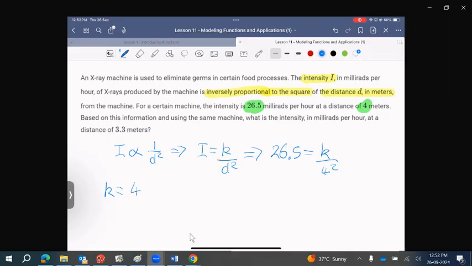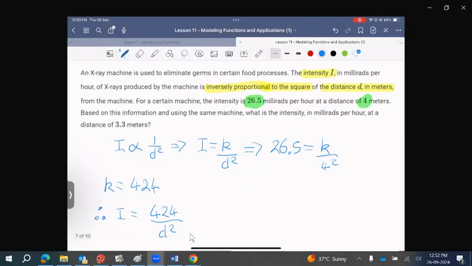424. Just going to check my calculator's not in float 3. Yep, that's right. So therefore, the intensity is equal to 424 over d squared. We're asked, based on this information, same machine, what is the intensity when the distance is 3.3?